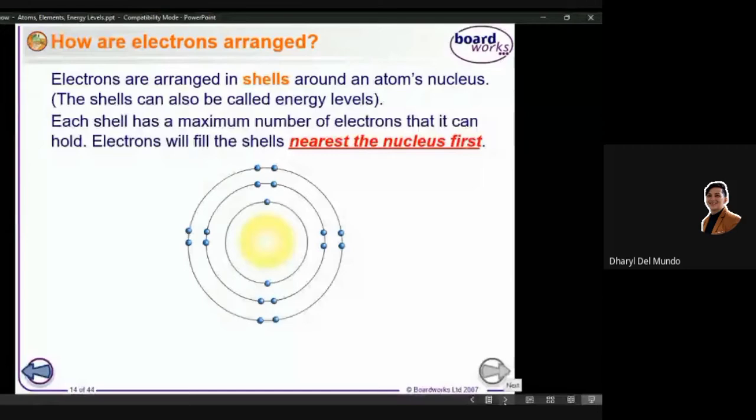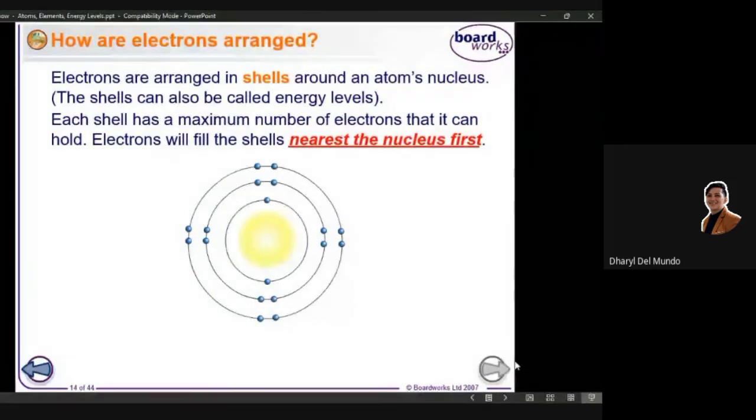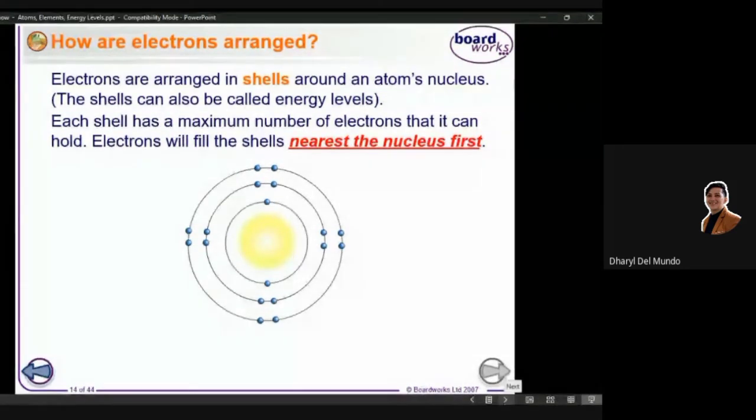Like in the apartment, if you are the landowner or the caretaker, your rule is to fill out the first floor of the apartment first. Same with this one. You will first fill up the first energy level before you jump to the second energy level.